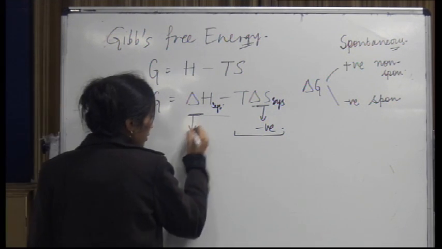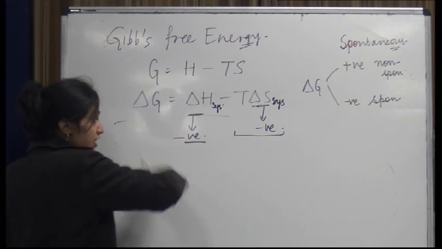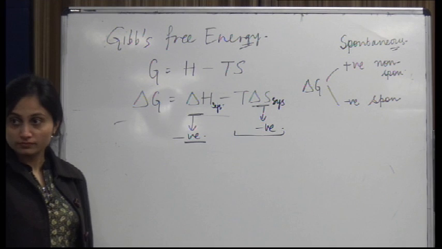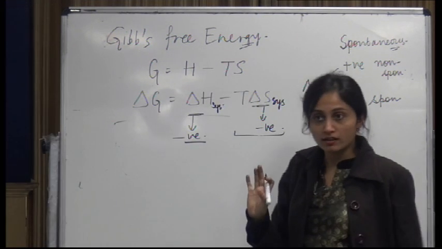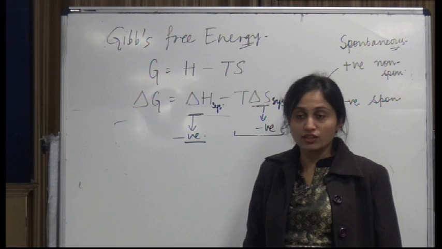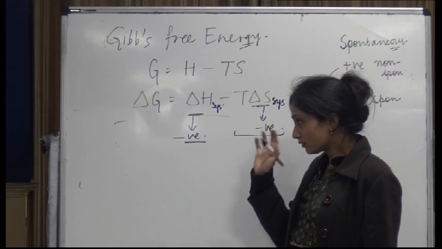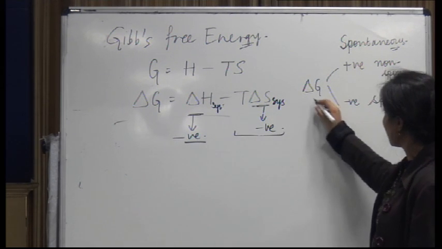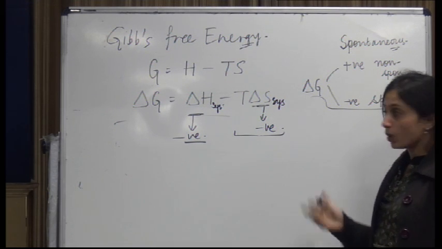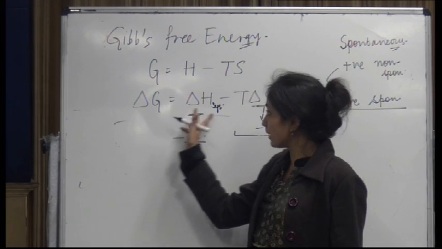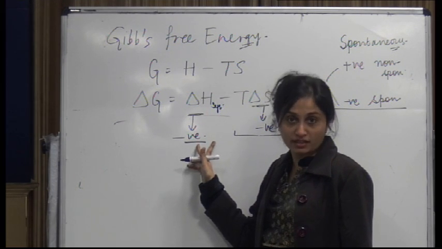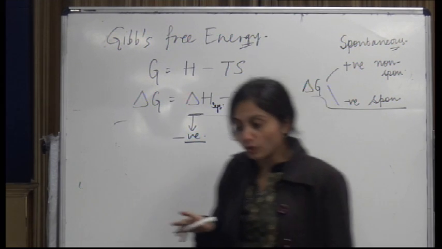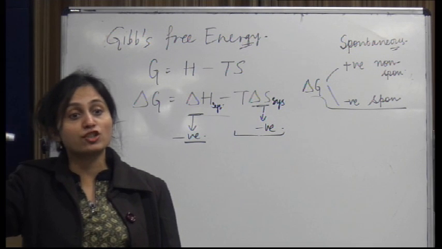Exothermic means that your delta H was highly negative, so much so that it was much greater than your T delta S. बात समझ में आई? Delta S system तो नेगेटिव था, अब सराउंडिंग्स का तो it was difficult to check up. So what we did is we got to know that the reaction, if the reaction is still spontaneous, it would clearly mean that my delta G must be negative. और delta G मेरा नेगेटिव कब होगा? जब मेरा delta H would be exothermic. Exothermic, delta H negative means the reaction will be exothermic. So I am telling you that adsorption occurs because it is a highly exothermic process.